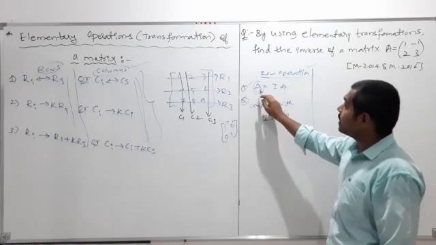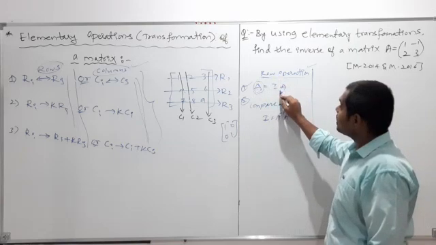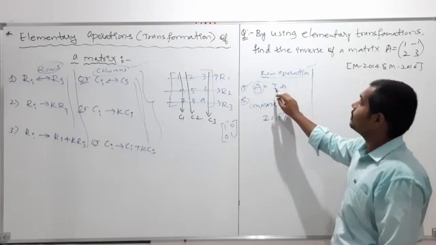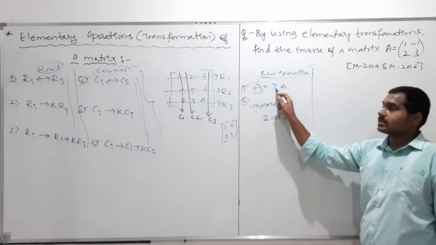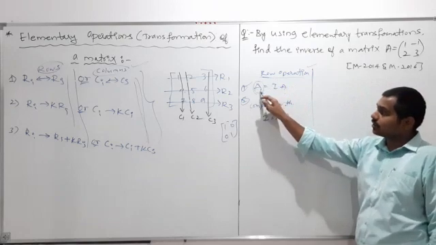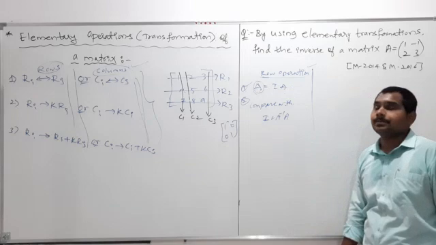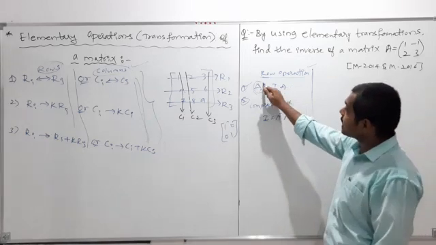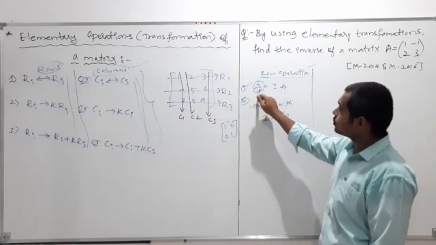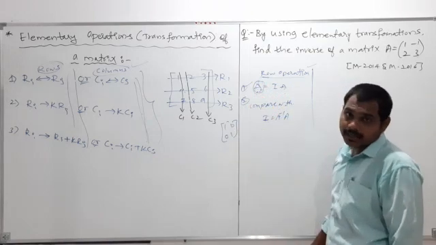Whatever operation you are applying on the LHS, the same operation you should apply simultaneously here also, on the identity matrix. So this LHS part you should convert into the identity matrix.